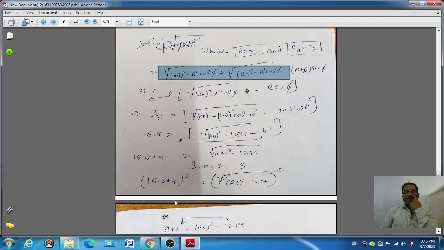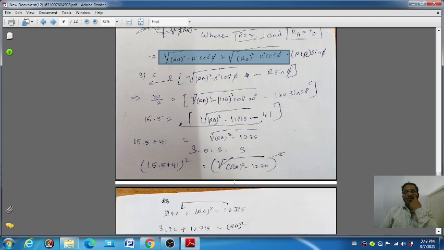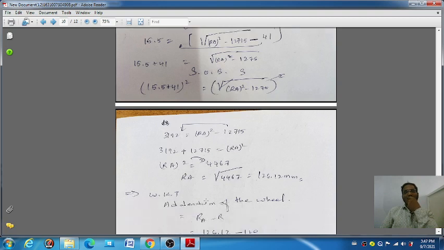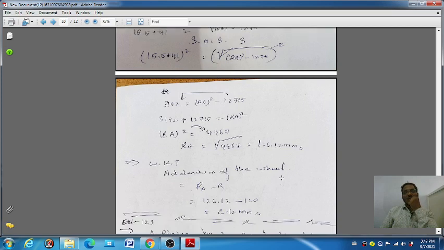Then squaring on both sides, the root will cancel, then add these and square them, and we will get 3192. After that, make the rearrangement and add these two and we will get RA square. If you want to know RA, just move the R square from the left hand side to the right hand side, and it becomes under root of 4467. Just substitute the value in the calculator, you will get 126.2 mm.